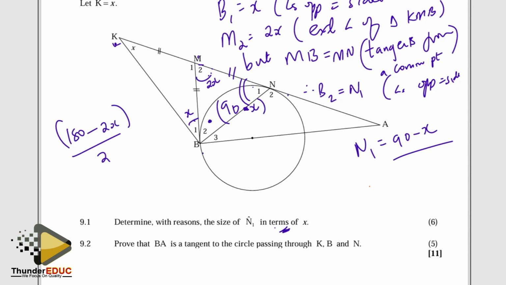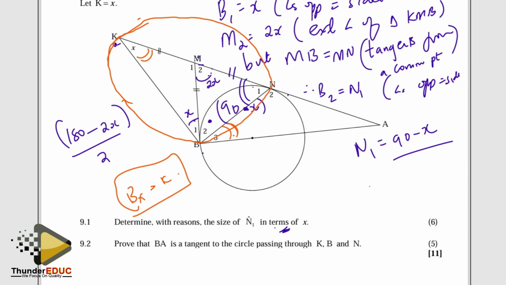So if we assume that there's a circle passing through K, B, and M, for us to prove that this is a tangent, we need to aim at getting this B3 to be x. If we can prove that B3 is the same as K, then we shall have our tangent.